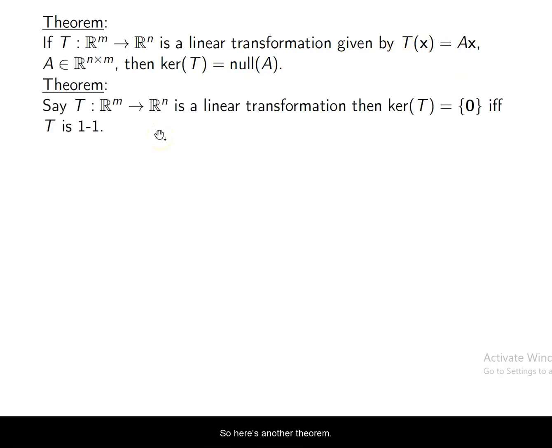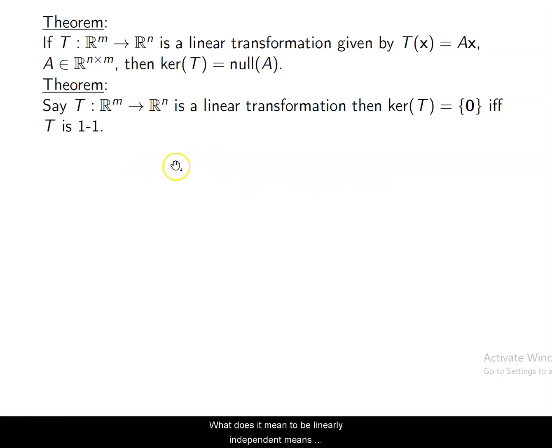So here's another theorem. Say again, we have a linear transformation from Rm to Rn. Then the kernel of T equals the 0 vector if and only if T is 1 to 1. And this should make sense because when we were talking about being 1 to 1, right? 1 to 1 meant that for our system of equations, everything was linearly independent.